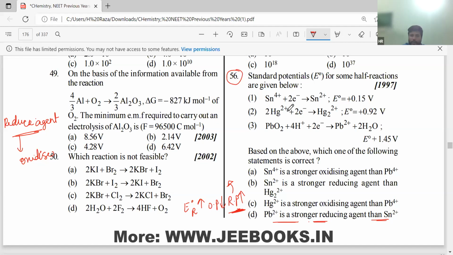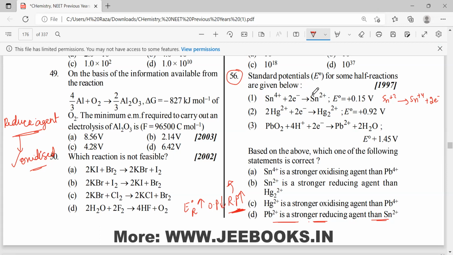So you are going to see it from the converse, like Sn plus 2 is converting into Sn plus 4 plus 2 electrons. Can I write this? So if this is a reducing potential, can I write the E naught value minus 0.15?